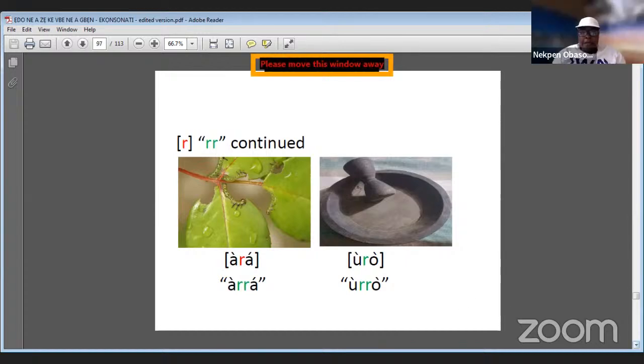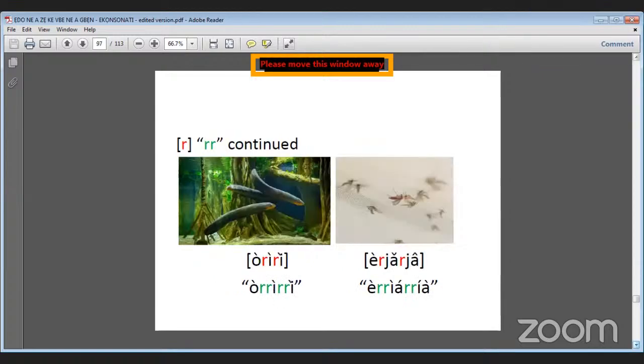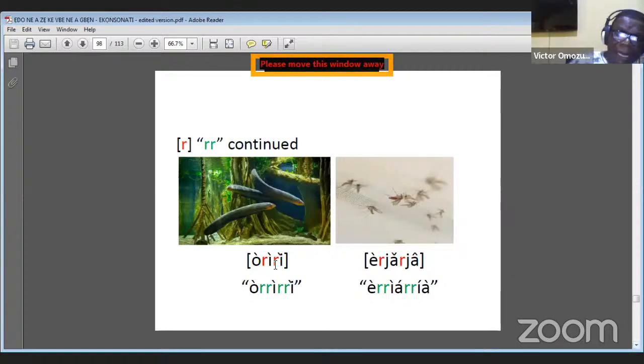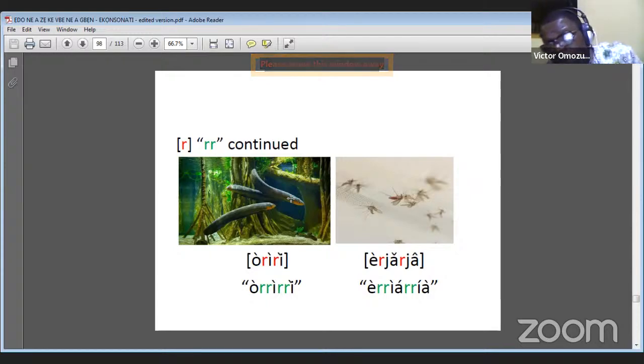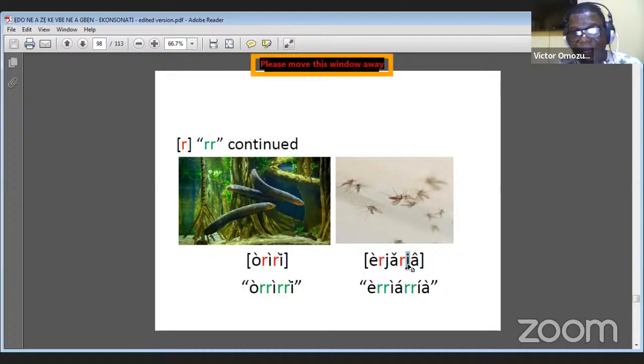Oh no, we're almost through. Almost finished. Then Oriri. Oriri is a type of fish. It's an electric eel, or shock. And then you have Ariaria. Again, glide formation is here, as you can see.